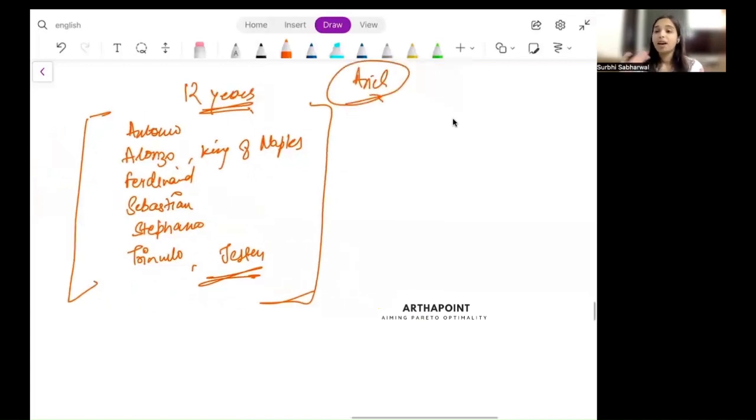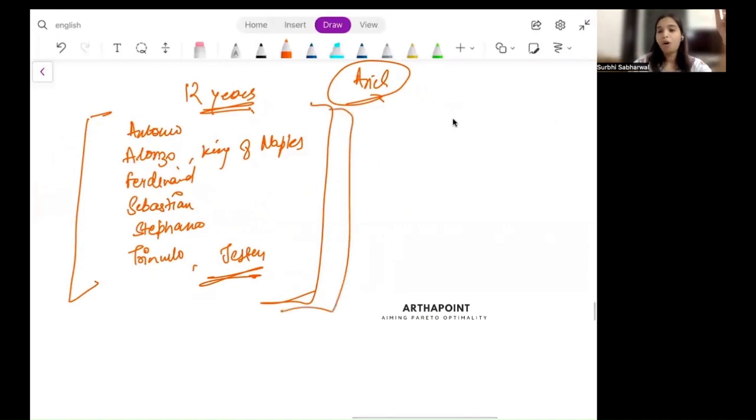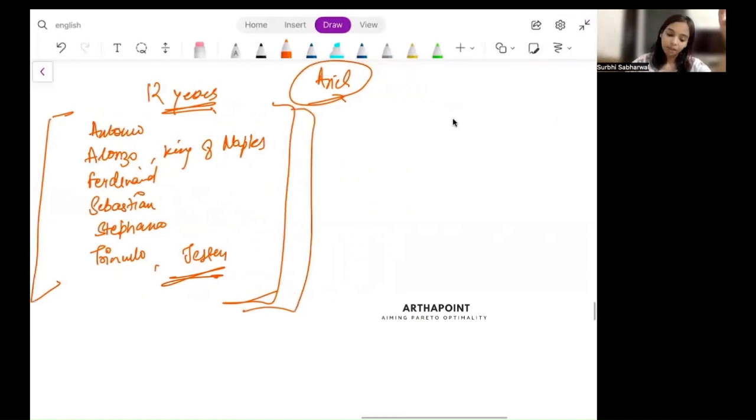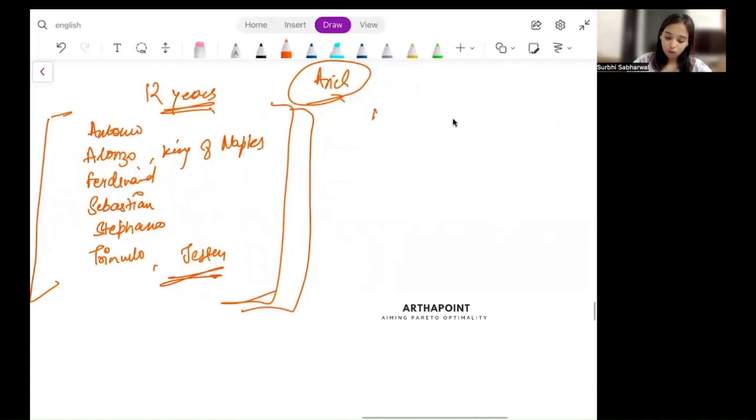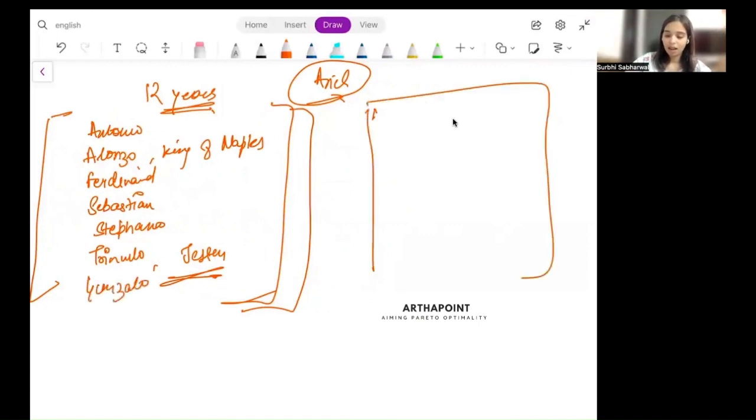Prospero creates a havoc on the sea. They are unable to control their ship. And eventually, with help of Ariel, Prospero divides the ship into two halves, and all these people fall on different parts of the island. So we also have Gonzalo here, right? So let us take this as an island.